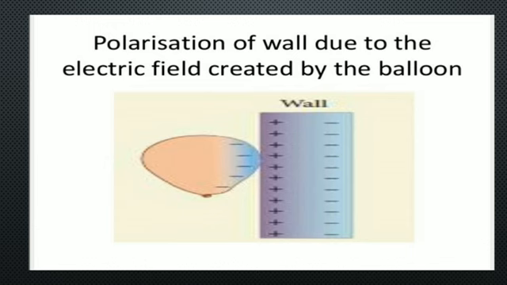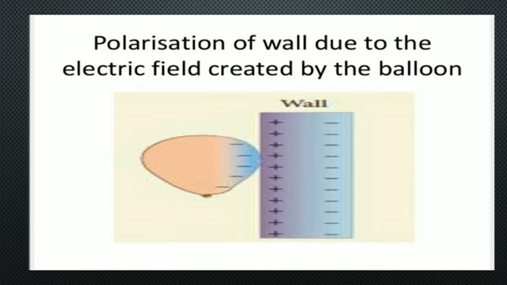polarization இங்கே create ஆகுது. ஓகே, ஸோ இங்கே வால் அப்படிங்கிறது ஒரு dielectric material. ஓகே, ஸோ when that balloon is filled with air, positive charges are induced. ஸோ இங்கே பாசிட்டிவ் சார்ஜஸ் இருக்கறதால இந்த பலூனில் negative charges are induced. So due to that, the negative charge is attracted by the positive charge.